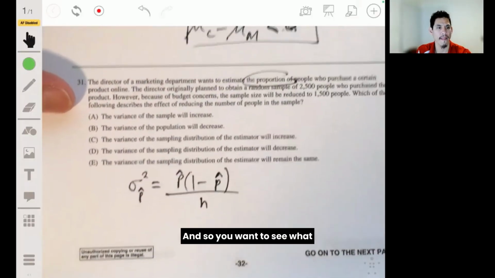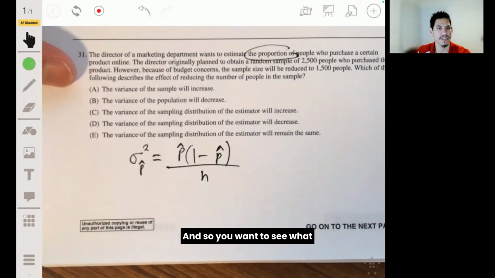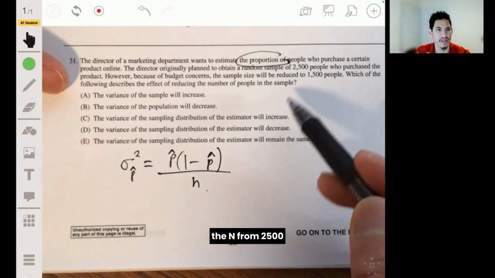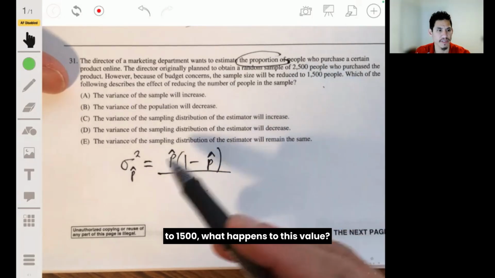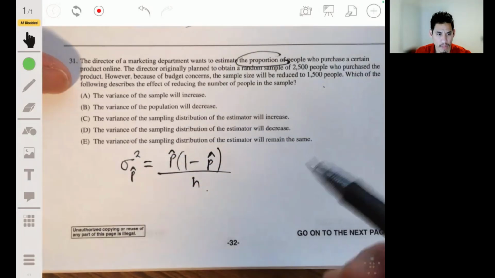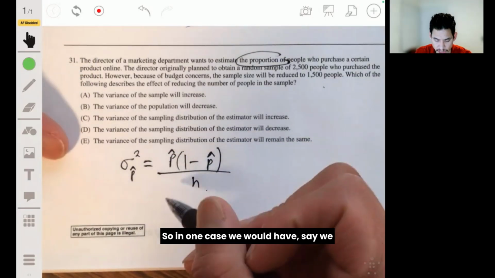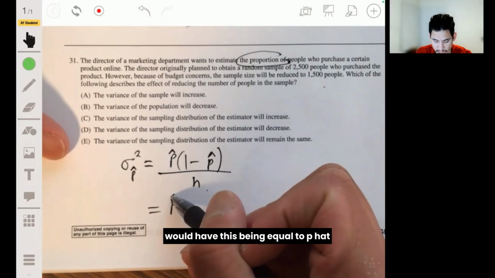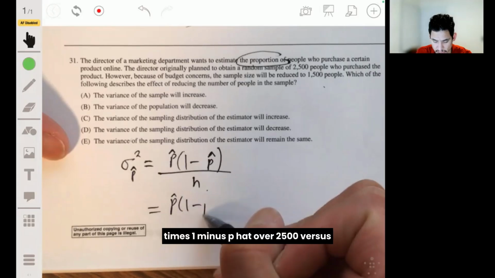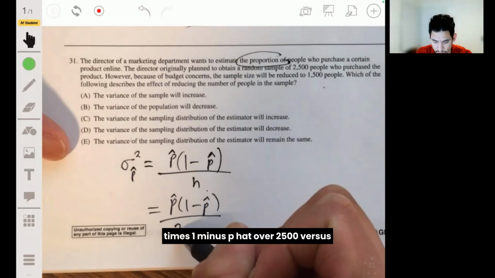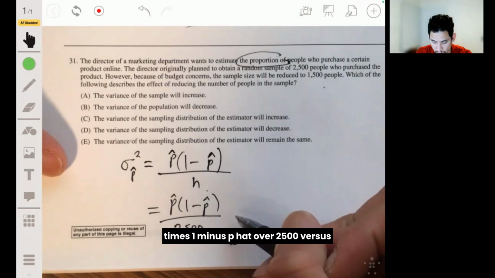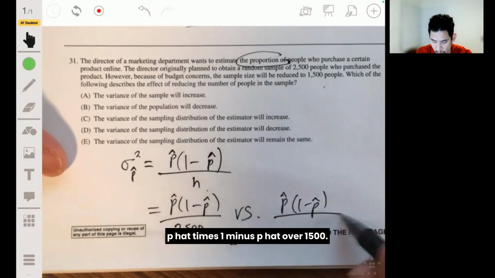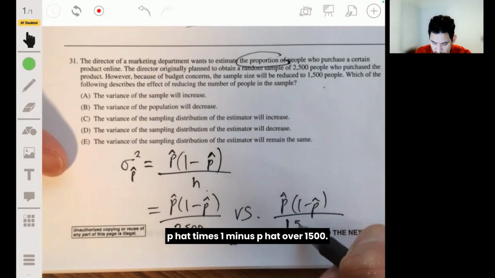Right? And so you want to see what would happen when we change n from 2500 to 1500. What happens to this value? In one case, we would have p hat times 1 minus p hat over 2500, versus p hat times 1 minus p hat over 1500.